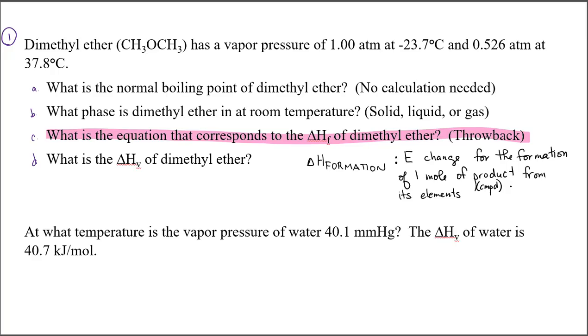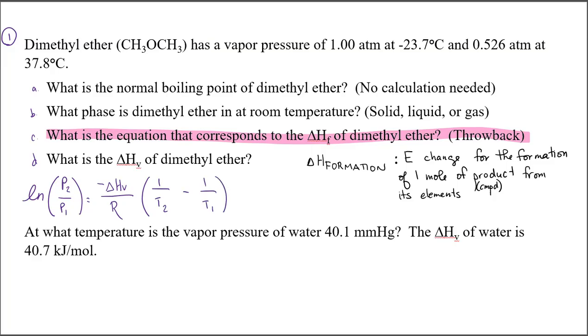And then lastly, the new stuff, or the stuff that's important-ish for 1520, what is the delta H of vaporization of dimethyl ether? And we are going to use the Clausius-Clapeyron equation for that. The Clausius-Clapeyron equation is the natural logarithm of P2 over P1 equals negative delta H of vaporization divided by a gas constant in the right units times 1 over T2 minus 1 over T1.